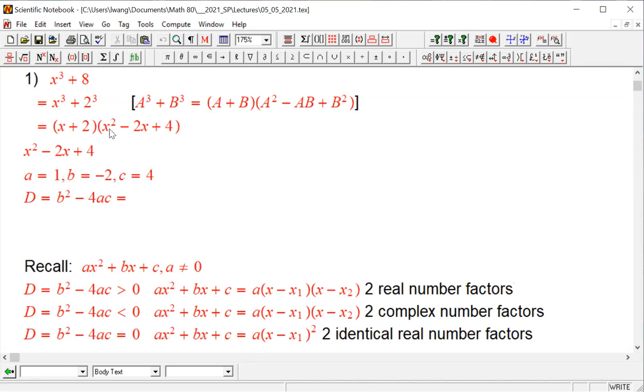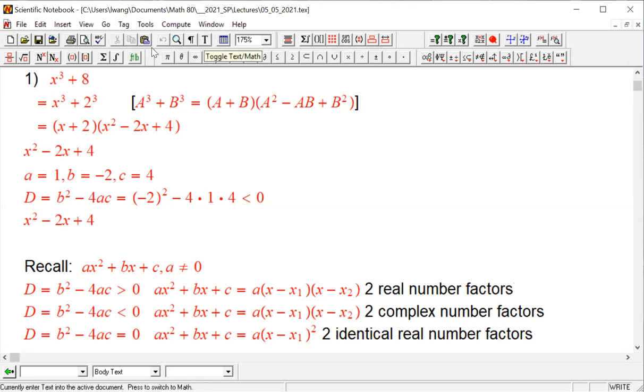The discriminant will be b squared, -2 squared, minus 4 times a, which is 1, and c, which is 4. This is going to be 4. 4 minus 16 is negative. If it's negative, we'll have what? This guy will have 2 complex number factors.